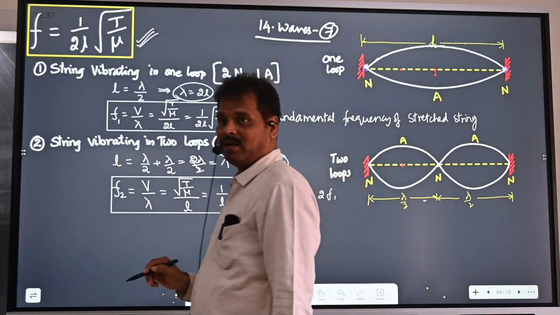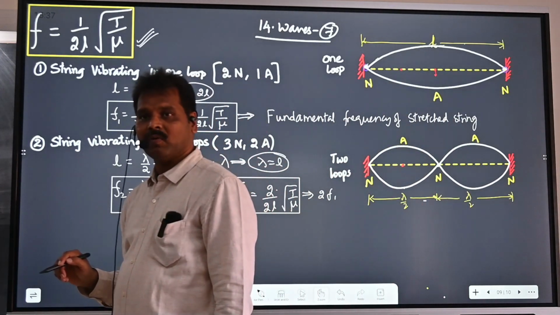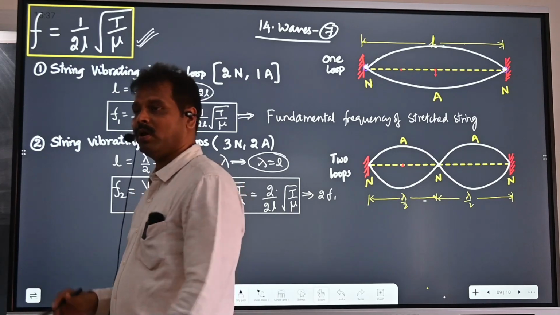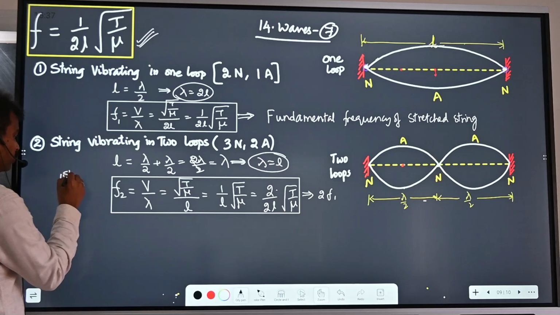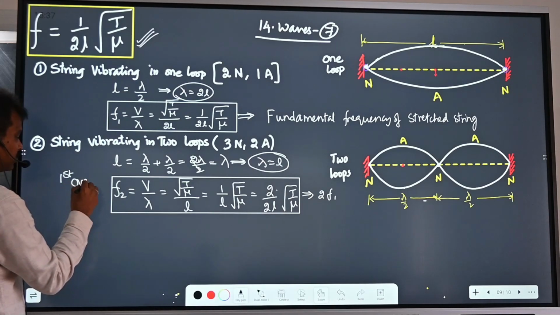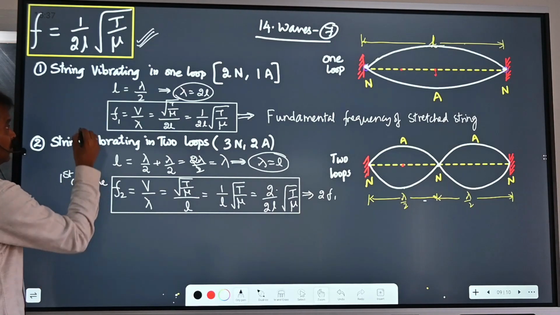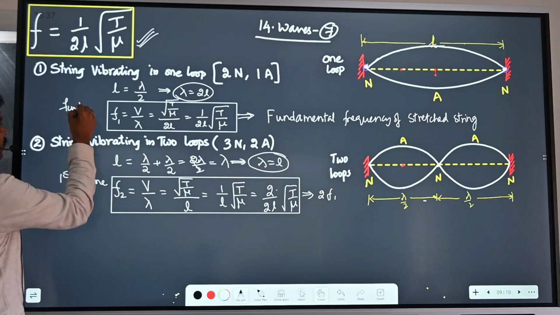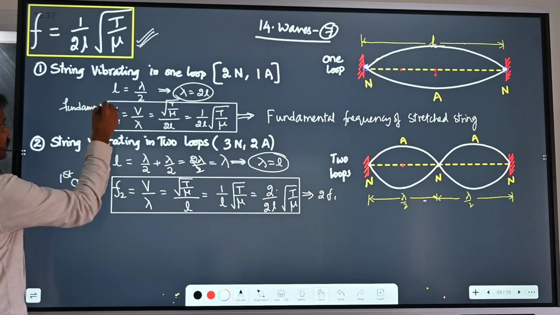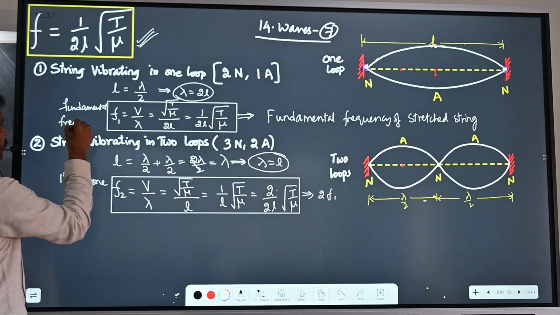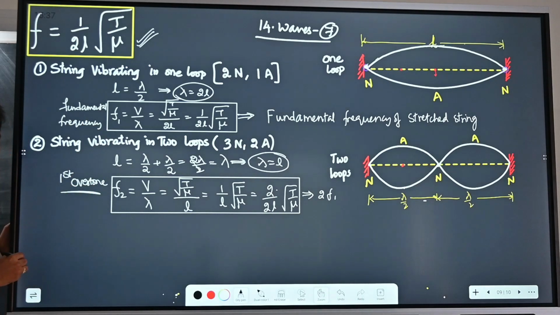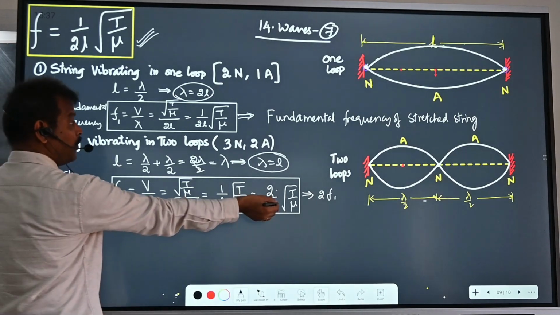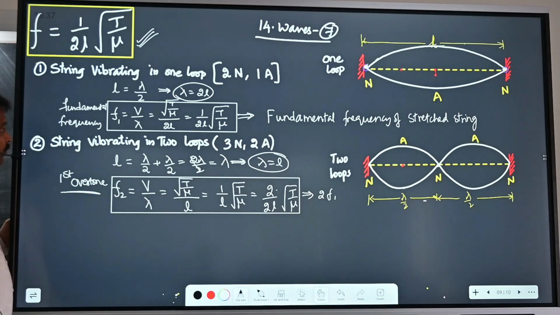So this is not the fundamental frequency. It is the first harmonic, or generally we write it as the first overtone. This is the fundamental frequency. This is the first overtone. First overtone is double the fundamental frequency.